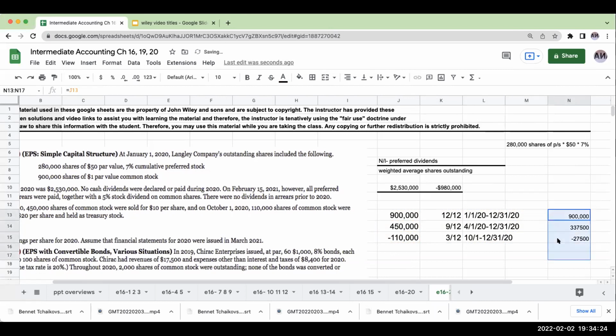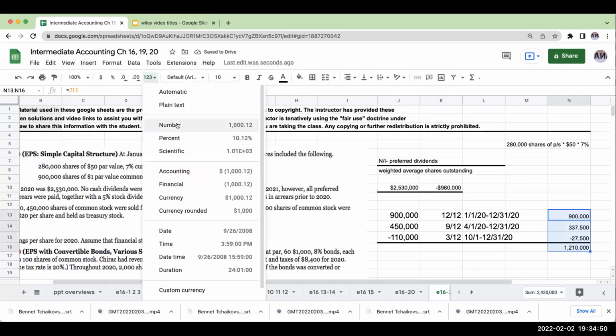So again, when you're computing the weighted average shares outstanding, the shares that were outstanding for the full year are not the same as the shares that were sold on April 1st, or the treasury stock that was bought back on October 1st. Well, that's the way you get when you do these types of questions.